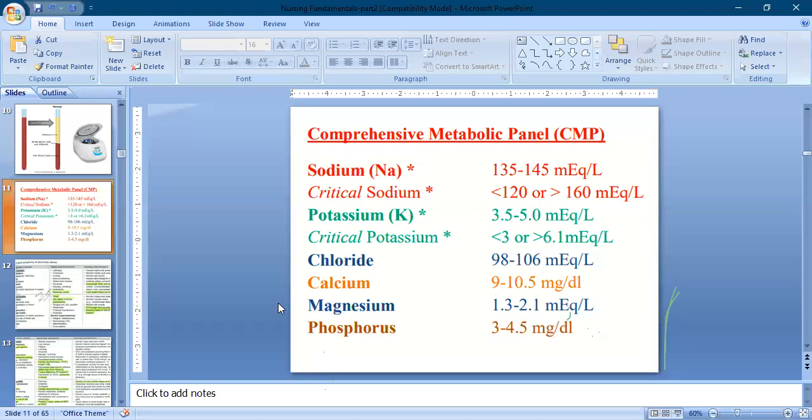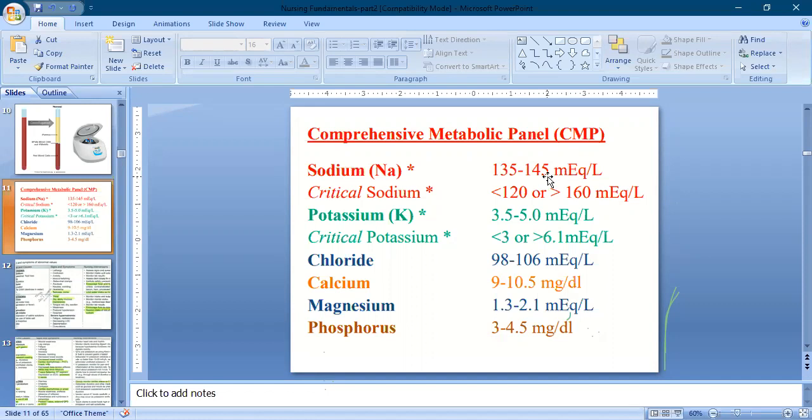So all that I talk about is important to maintain the proper normal range of electrolytes, right? Like sodium, the normal range is 135 to 145 milliequivalent per liter, right? 135 to 145, we must know.